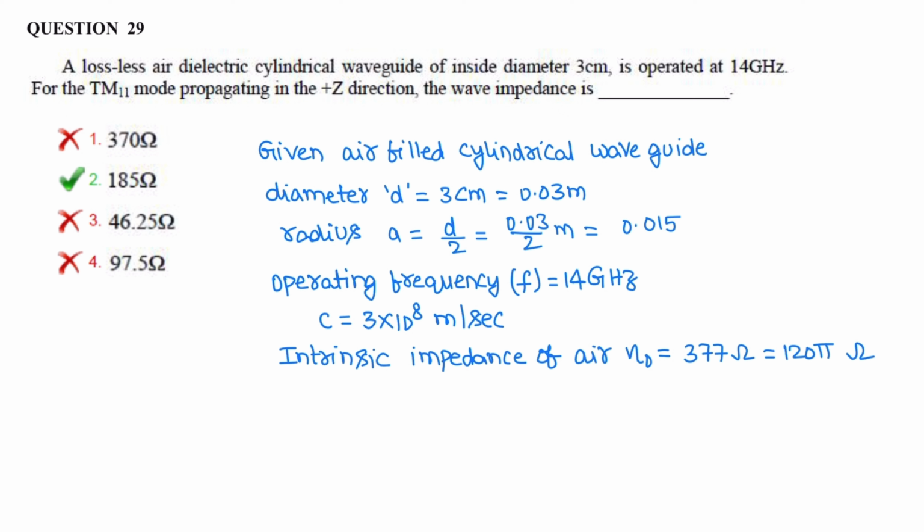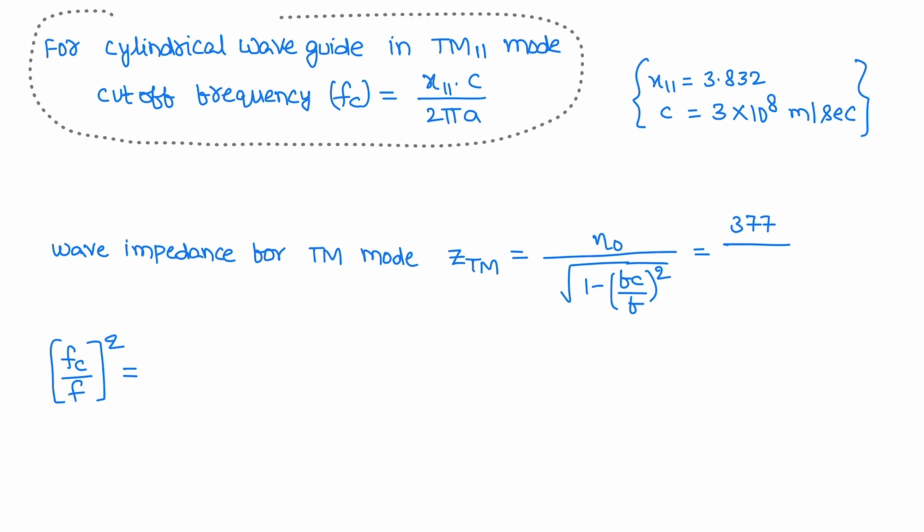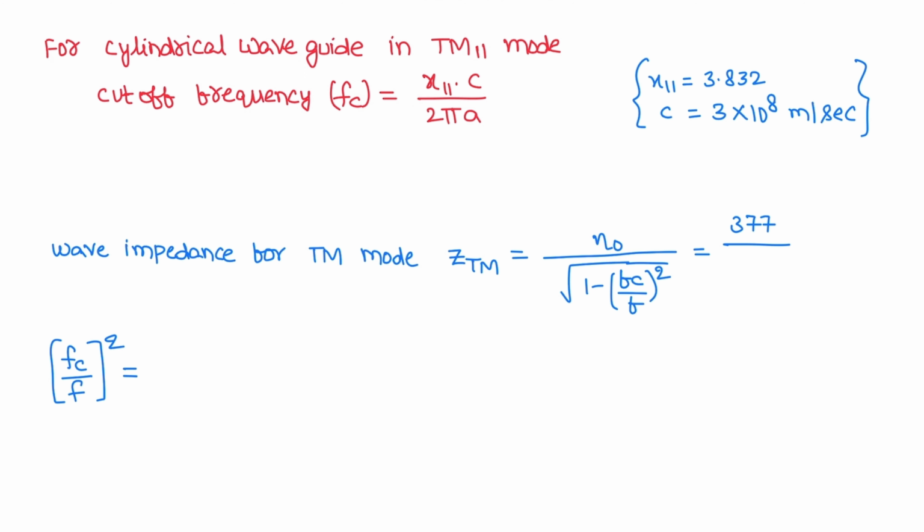Operating frequency is 14 GHz. Velocity of light we know that is 3 into 10 power 8 meters per second. So the intrinsic impedance of free space, that is air, is 377 ohm or 120 pi. Now for a cylindrical waveguide in TM11 mode, the cutoff frequency Fc is x11 into c by 2 pi a. This is a formula where x11 is 3.832.